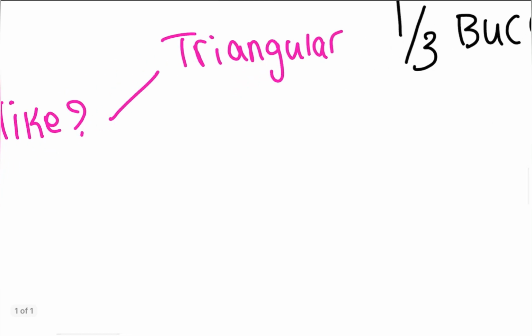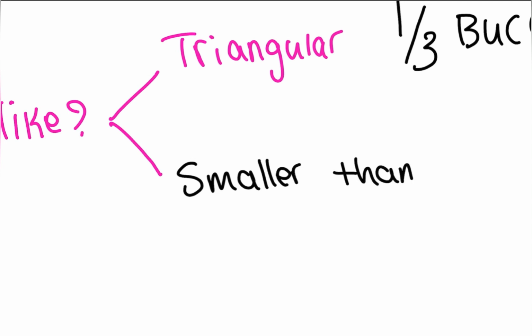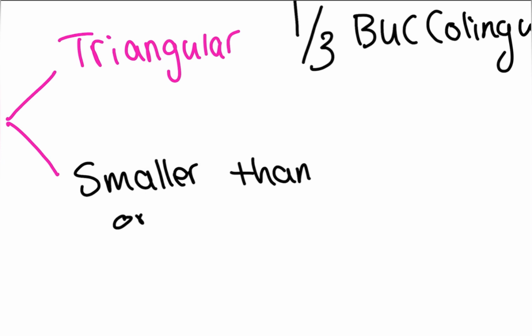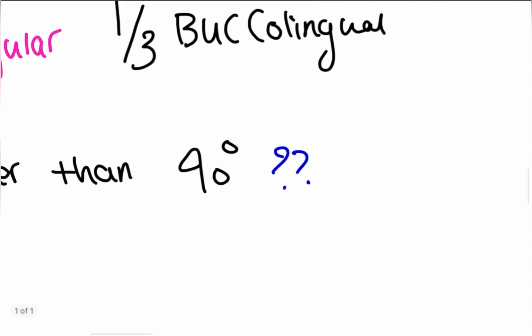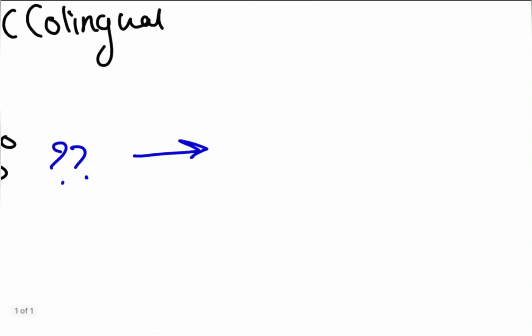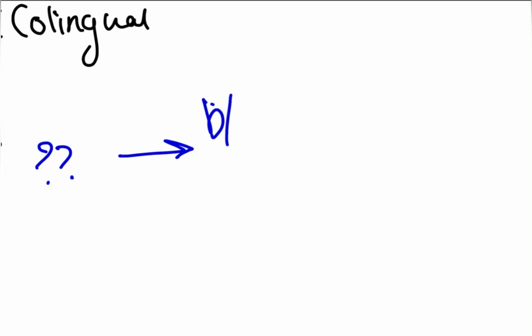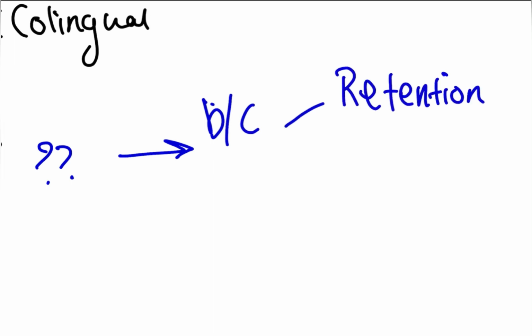And take into account, this is important, that it's better if it's smaller than or less than 90 degrees. You know why? Why does it have to be less than 90 degrees? It is because of the retention and also because of the forces.